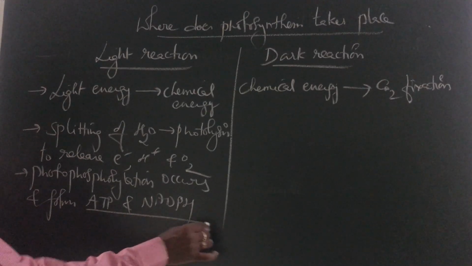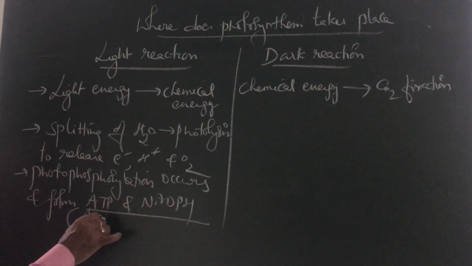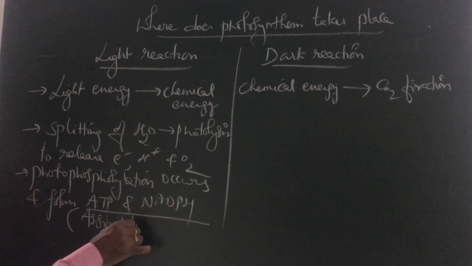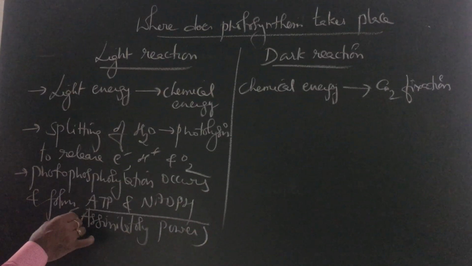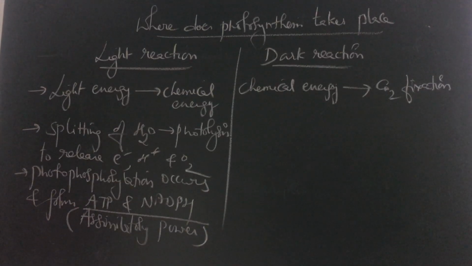ATP and NADPH are the assimilatory power, which is used to fix carbon dioxide in the dark reaction.